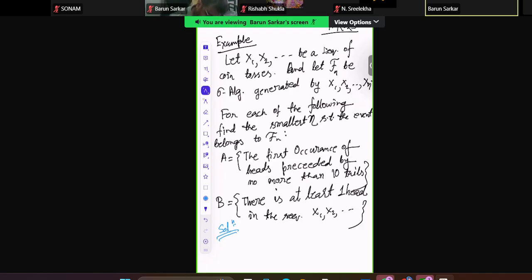So what will be the smallest n such that the event belongs to Fn?